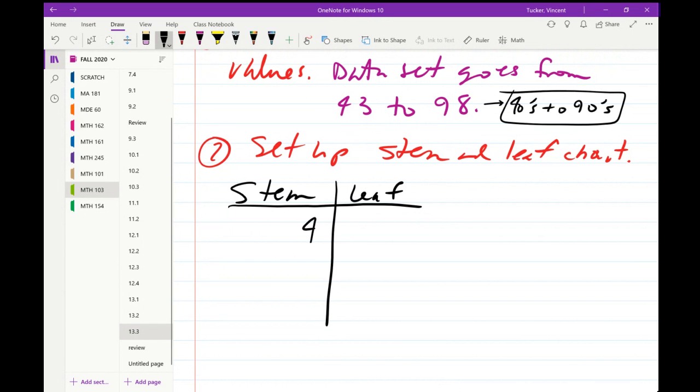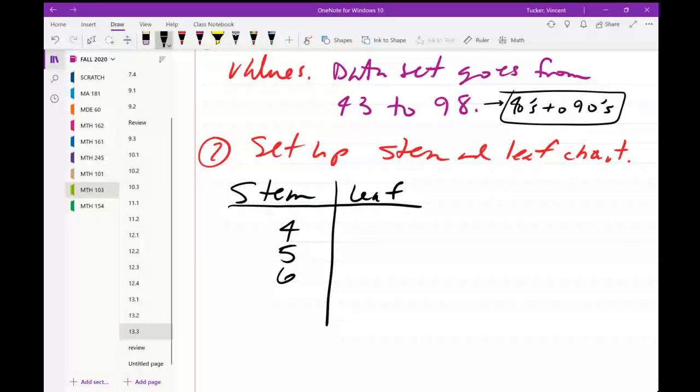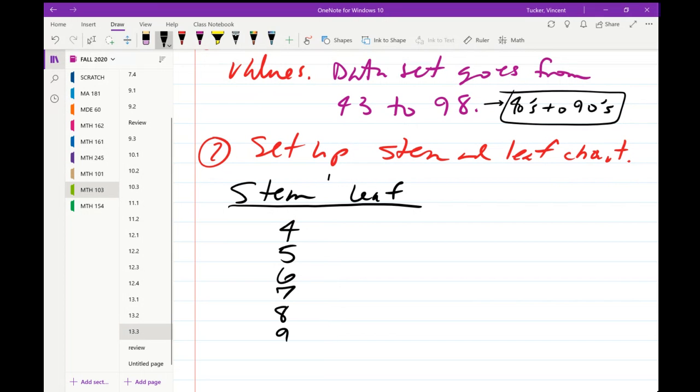So we've got 4, 5, 6, 7, 8, and 9. If we were going to the hundreds, we'd be going from the 40s to the hundreds, so we would have 10 down here as far as our stem is concerned.